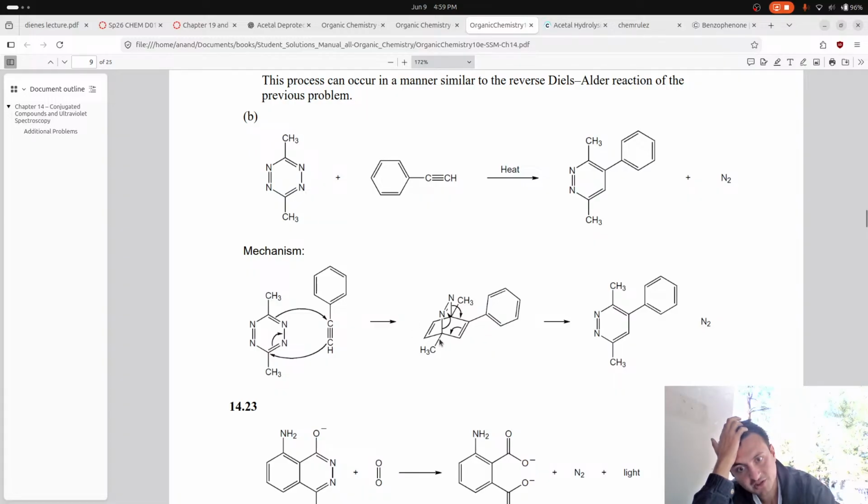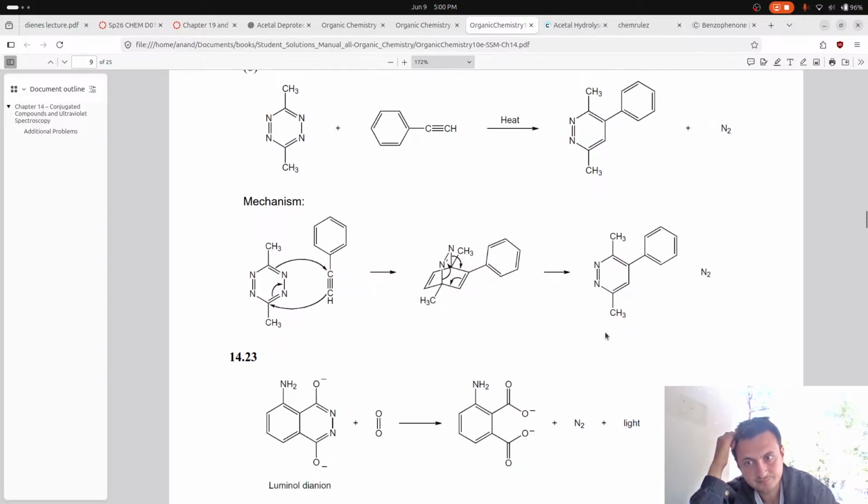So now we have this unconjugated diene. But what we can do is go like this, this, and this, and we can form the conjugated diene. Or it's not even a conjugated diene. It's just like a benzene. All right, that's really nice.